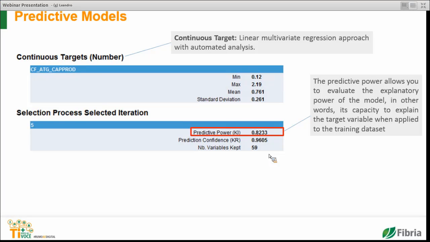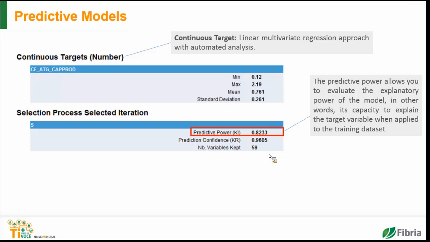And the 82% of prediction power is a good number. It's considered to be a good number. After that, we're going to see that the tool shows you the number of stars that this means. So we're going to see after.